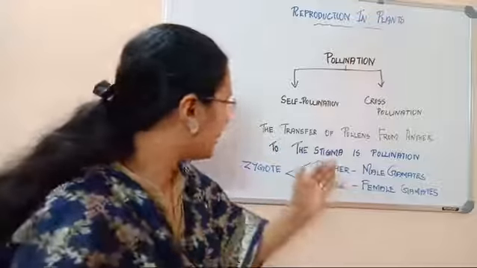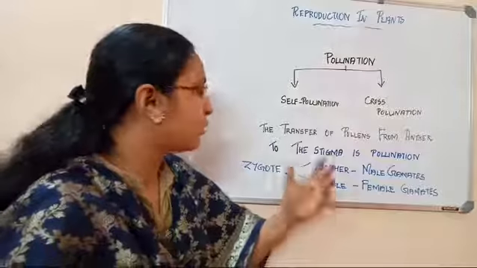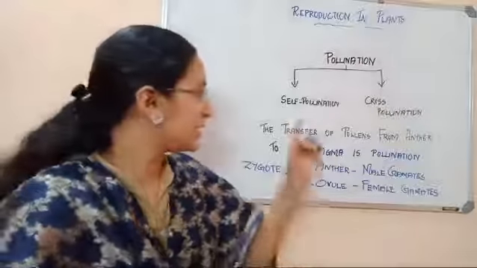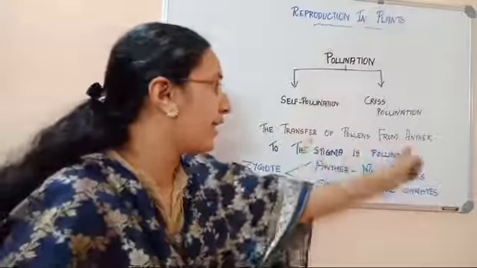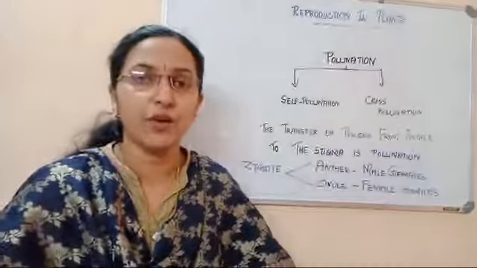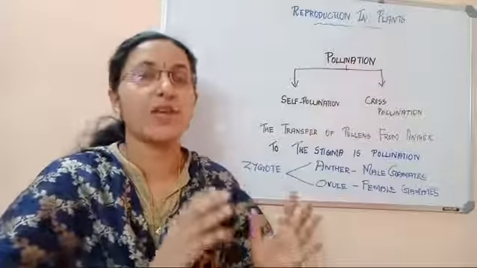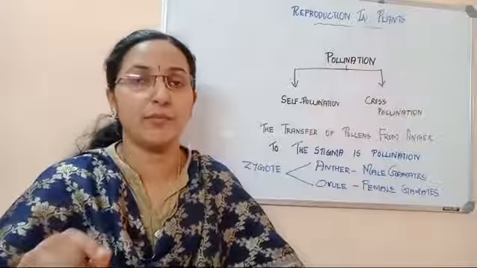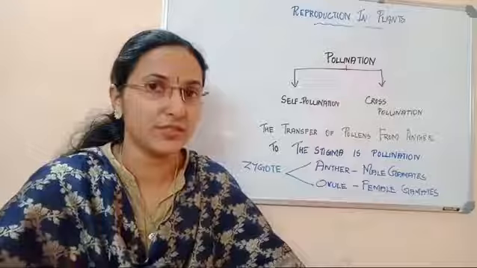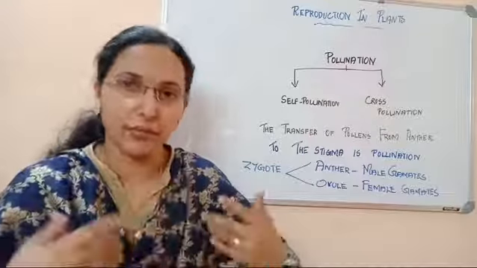For the formation of the zygote, the pollen has to reach the stigma. That is, the transfer of pollen from the anther to the stigma is known as pollination. For a flower, the pollen can be transferred from the anther to the stigma with the help of insects, wind, some animals, or even human beings.